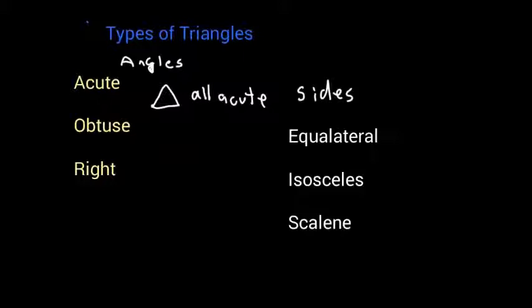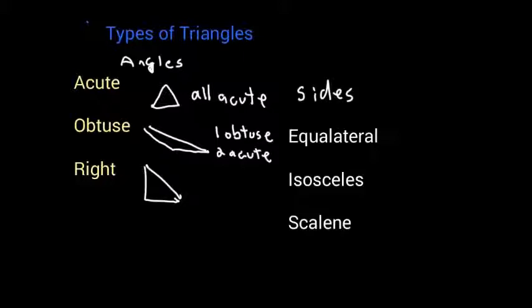Obtuse means there's one obtuse, and I would make the other two acute. And then a right means there is one right angle, one 90-degree angle, and then the other two are going to be acute.